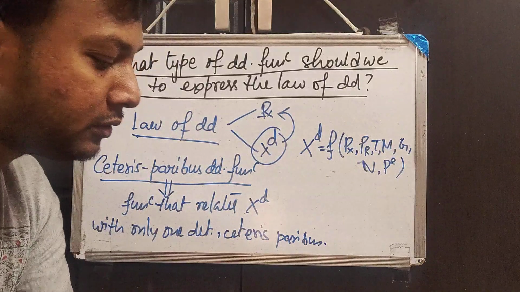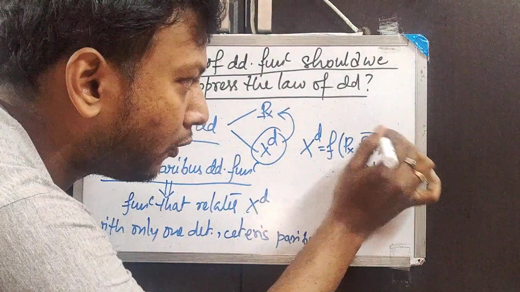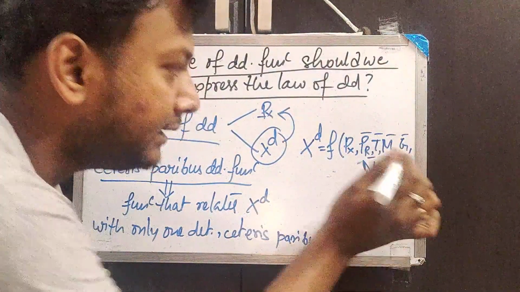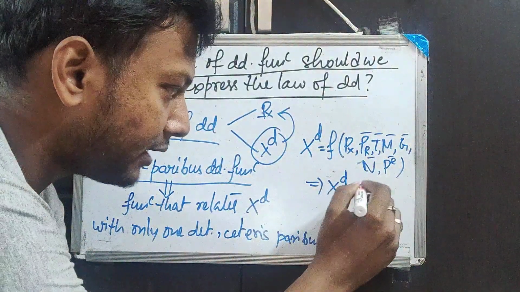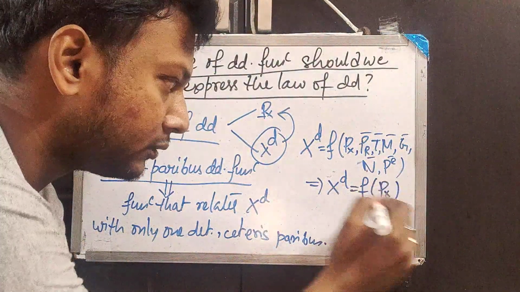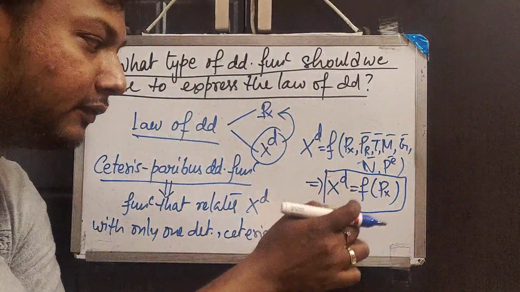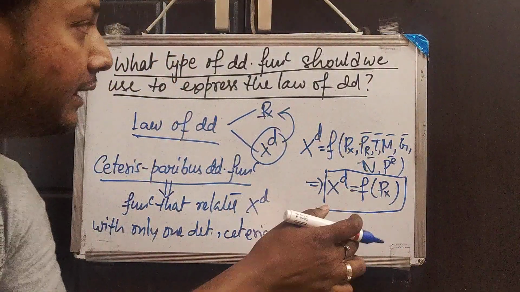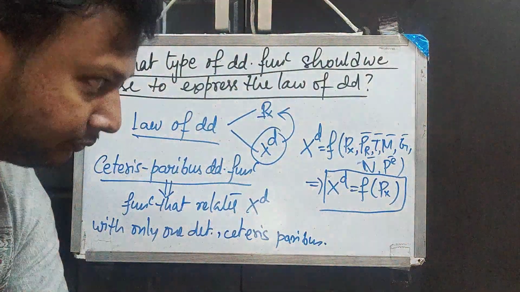So we will put a bar on top of all the variables other than price. Hence we can say that xd is a function of price only. This is our demand function when we are trying to express the law of demand.